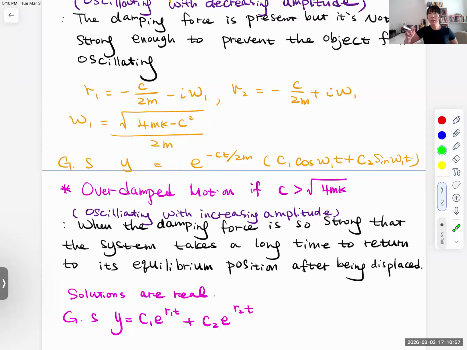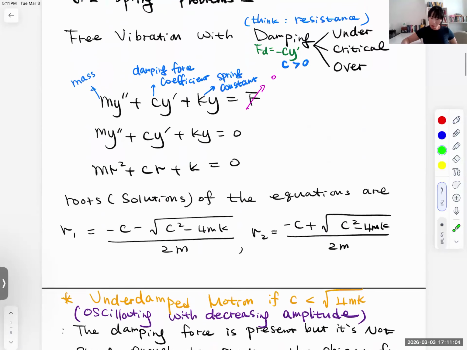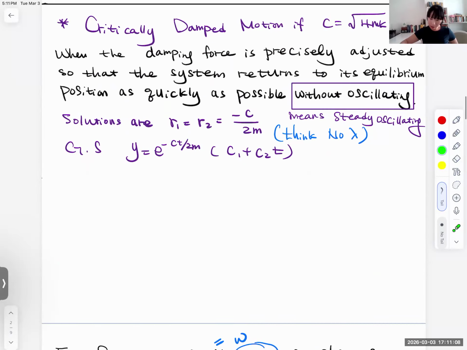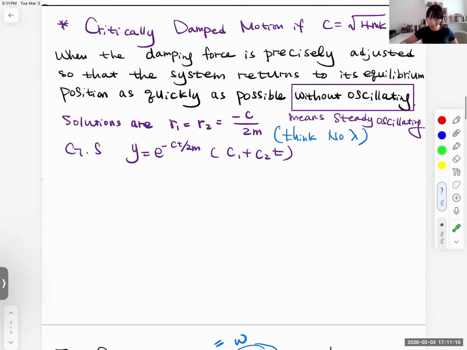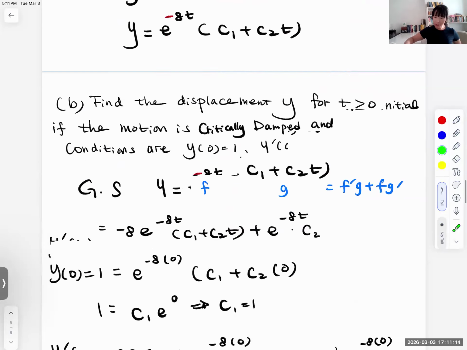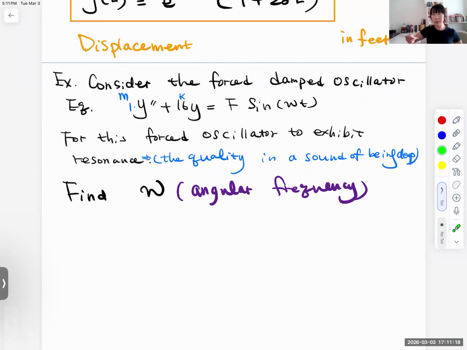All right, then in this case, they don't give us the omega. So let us use, in this case, omega as angular frequency.